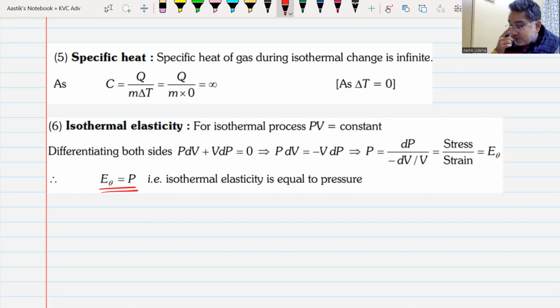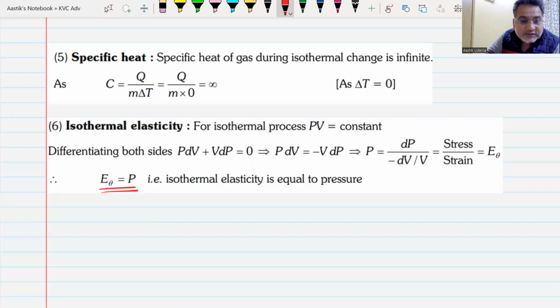Then we came to Newton's formula and Laplace's formula, and I told you that Newton said that this is an isothermal process, and therefore he gave the formula as root P by rho, but then that formula was wrong, and then came Laplace and he said, okay, it is not an isothermal process, it is an adiabatic process. That is isothermal elasticity. Do we understand this? Yes, sir. That is how you connect from that speed of sound part. Yes, sir.